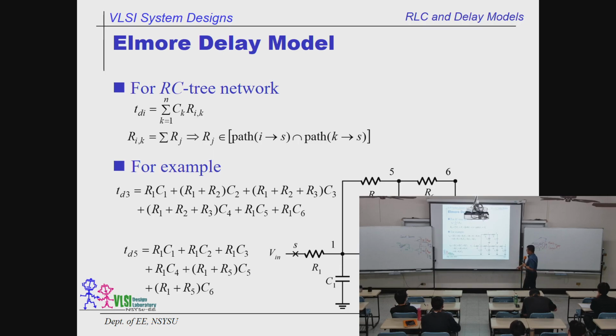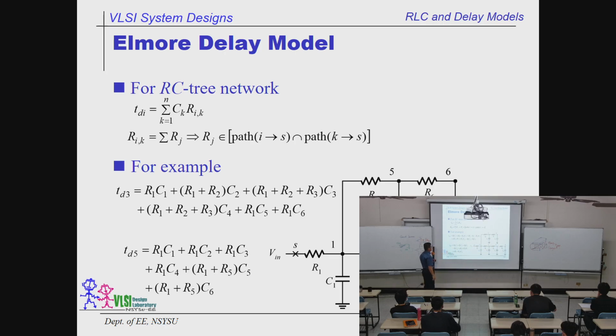So we have to do it for everybody. This is the delay over here, delay D3, where D3 is this one. 1, 2, 3, see that? R1, R2, and C2 over here. This is 1 over here, C4 over here, and then this is 1, this is 2.